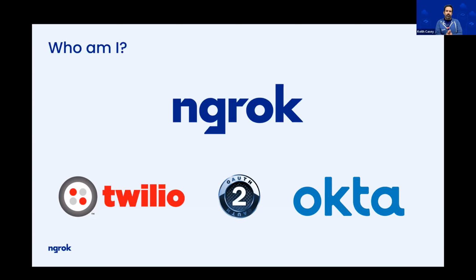At ngrok, fundamentally, we are a way of securely tunneling between your system and the rest of the world. Your system could be that system sitting on my desk right here in front of us. It could be something living deep in the bowels of your data center. It could be that IoT device living on a customer site. So when you bring these three things together, you end up with the APIs to have things communicate, the security layer to make sure they communicate securely, and then the actual connectivity layer to make sure they can communicate.